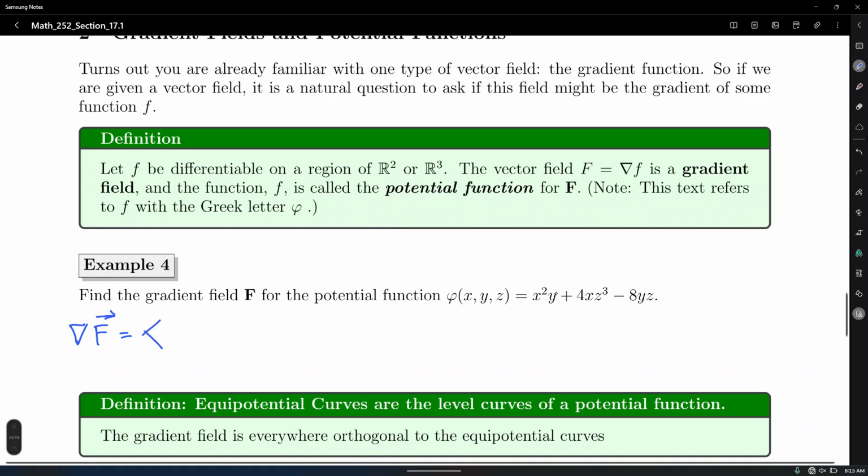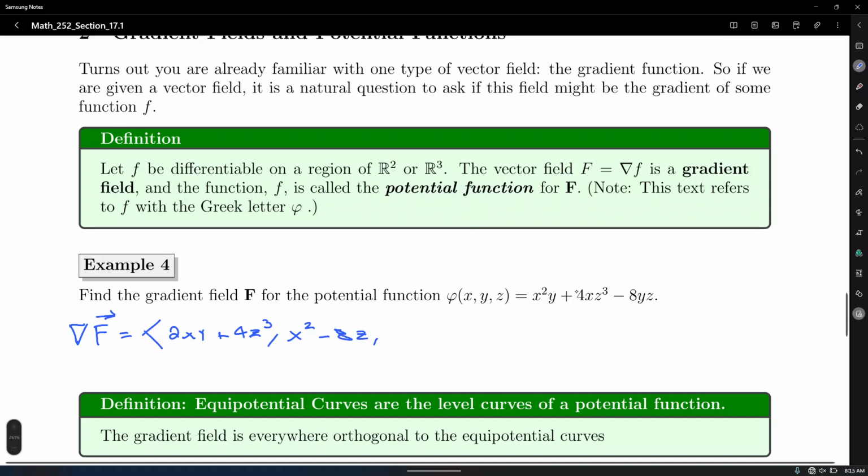Okay, the partial derivative of x squared y with respect to x, that's 2xy. Do we have x's here? That's 1 times 4z cubed. So that's our derivative with respect to x. With respect to y, that's 1 times x squared and 1 times negative 8z. And lastly, with respect to z, that's 0.